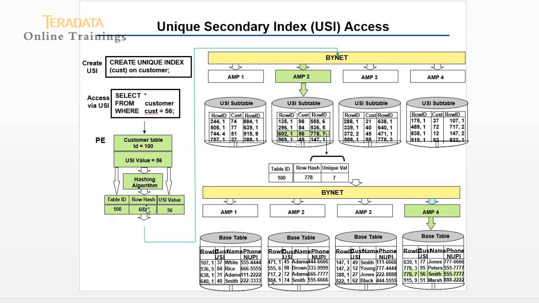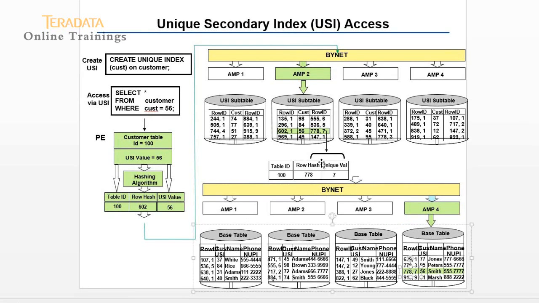Based on this row hash value 602, it will go to the subtable and check for the 602 row hash value and the corresponding secondary index. This is the row ID. You get the row ID for the corresponding value, and then we will check in the base table with the corresponding row hash value, that is 778, 7.